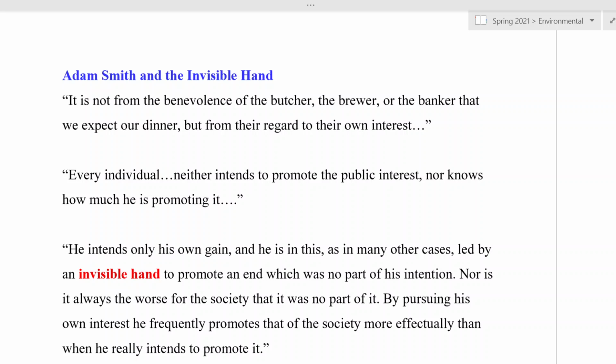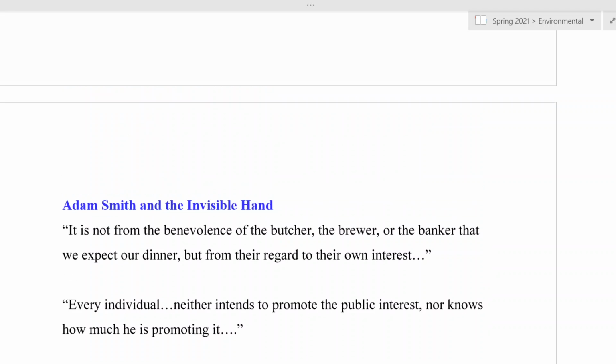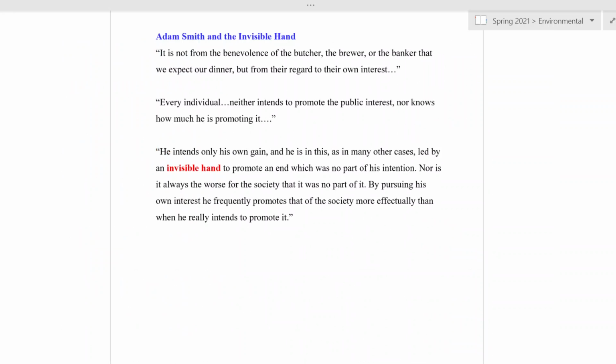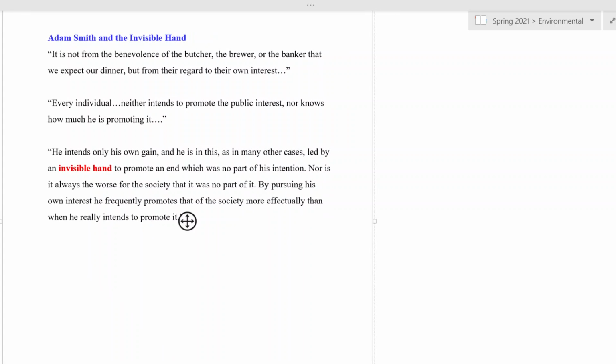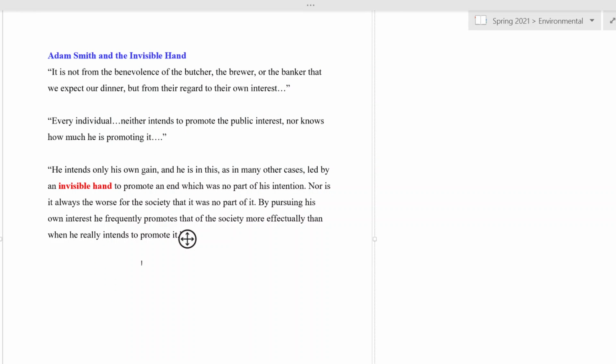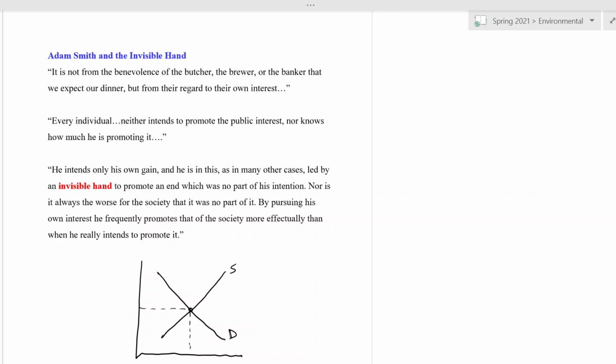We have people coming together, meeting in the middle at some market price. That market price, remember, nobody decides it. It's just the market. It's the value of buyers, the costs of sellers. Nobody's telling us how much we should use or have.